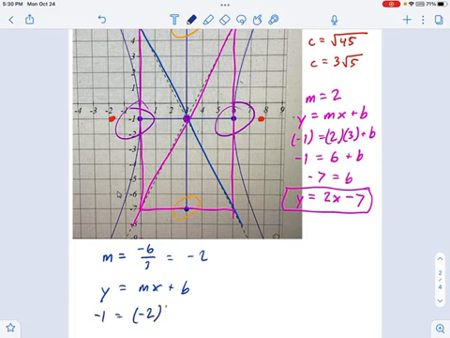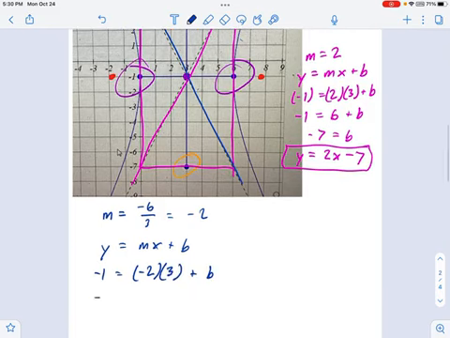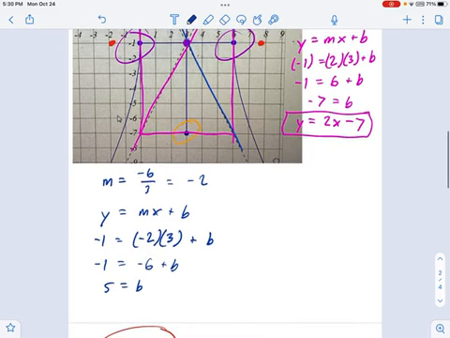The slope is -2. The x value is 3 plus b. Okay, this looks pretty good. So that's -1 equals -6 plus b. And for this one, that means b equals 5 when I solve that. That means the equation for this asymptote is going to be y equals -2x plus 5.